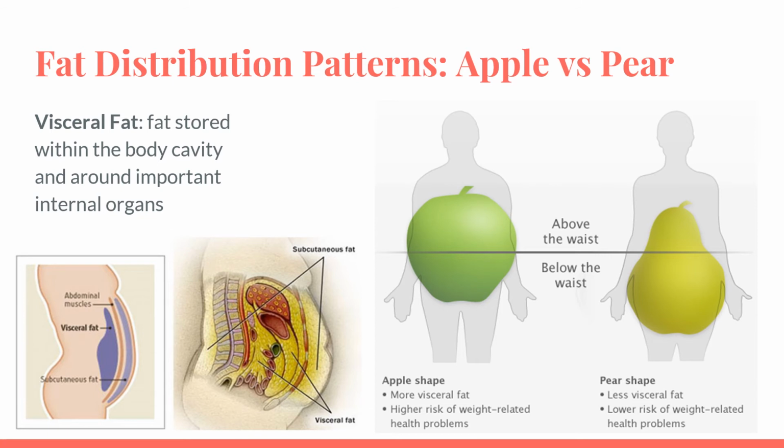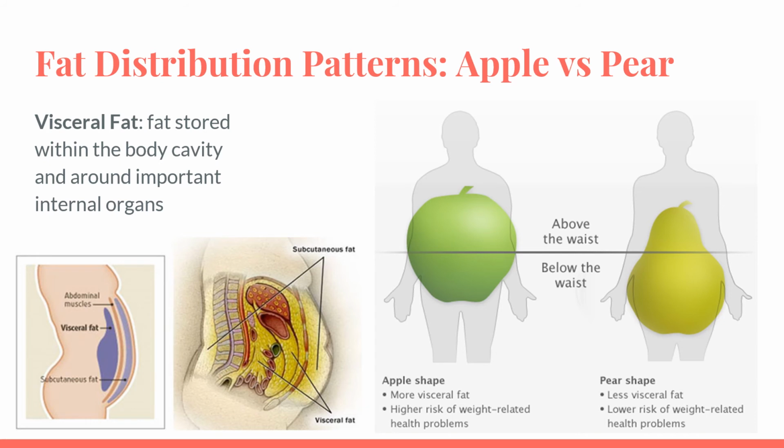And so these are our vital organs. Fat can and does act as a hormone and can influence, as an organ, and will produce hormones that can then influence other organs. So visceral fat refers to the deeper fat that might be found in and around the vital organs.